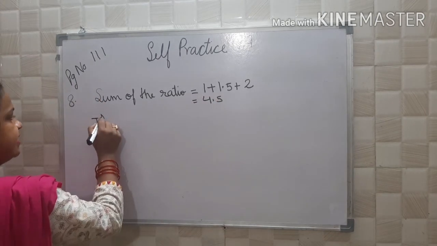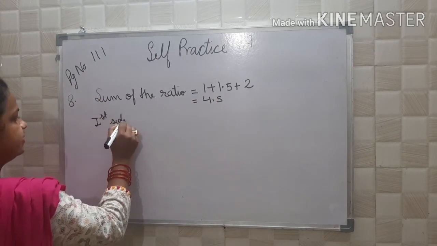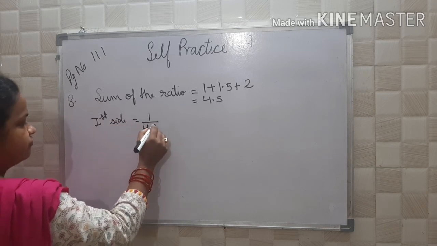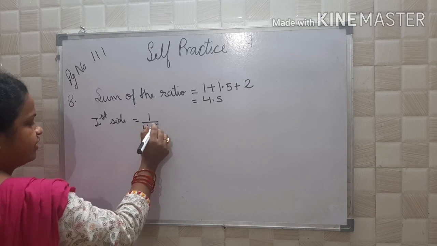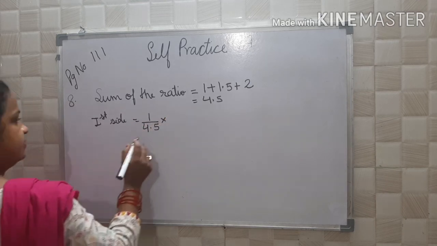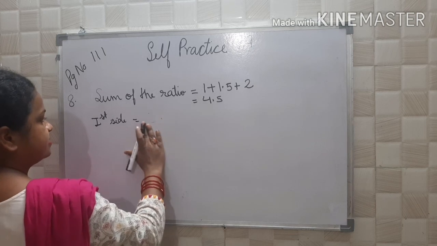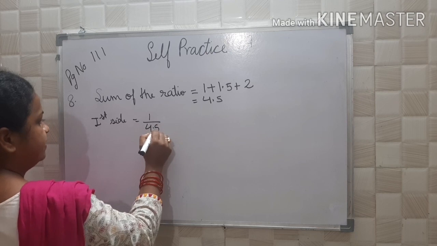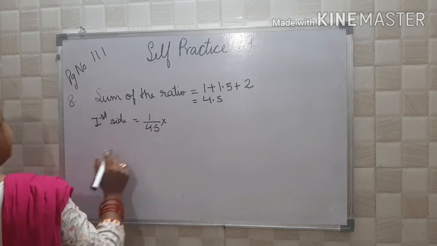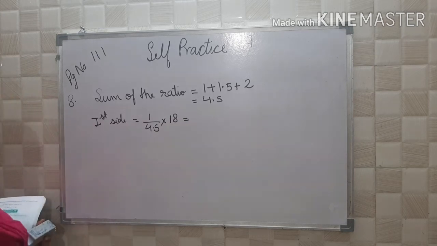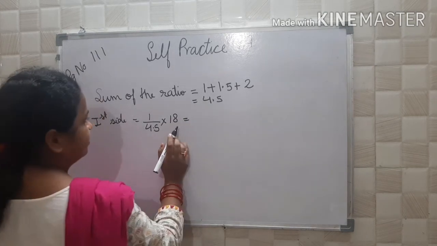The first side, what you will write? 1 means ratio of it upon 4.5. And what is the perimeter here? 18. Okay. Now you solve this. So what you will get?